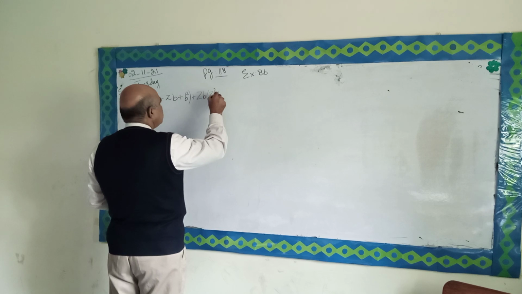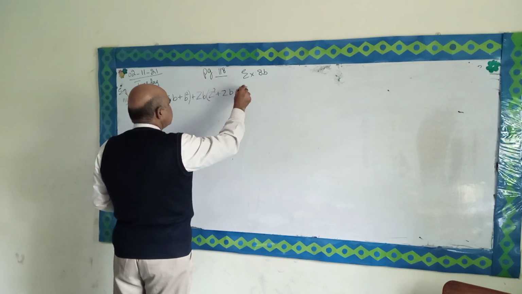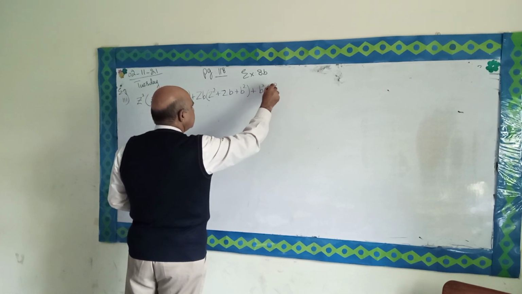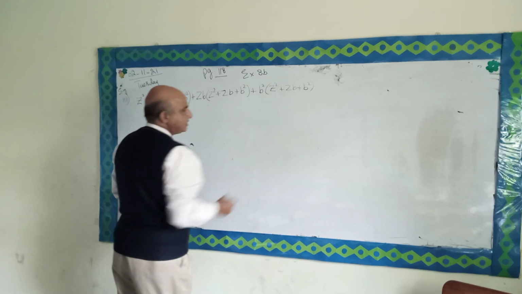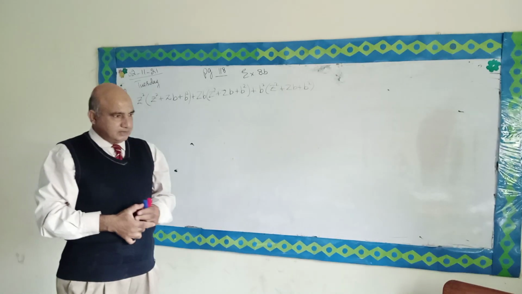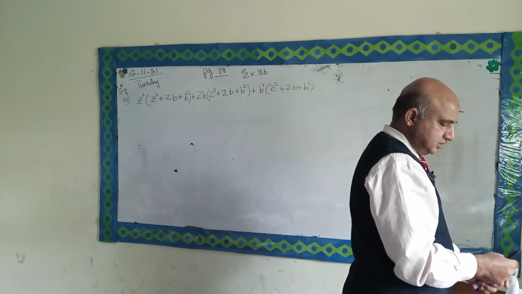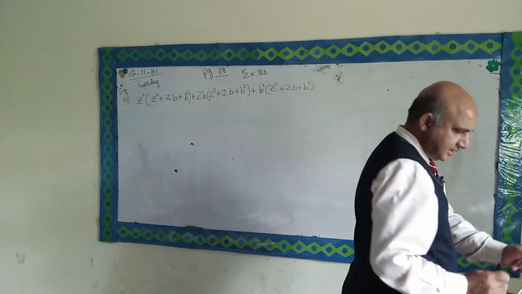Z square plus zb plus b square, multiplied by z square plus zb plus b square. Now what we'll do here is multiply with the powers as well.